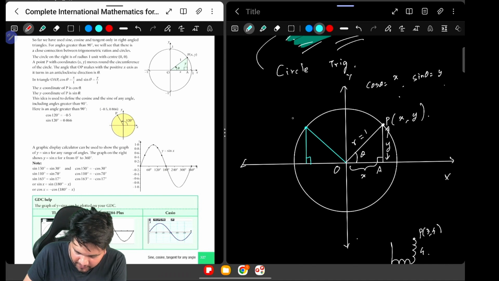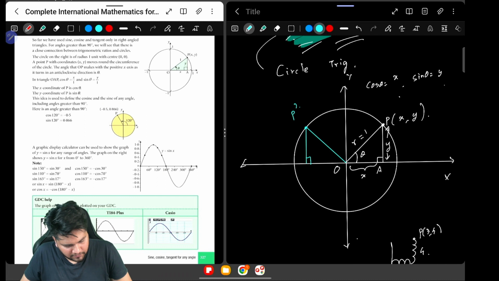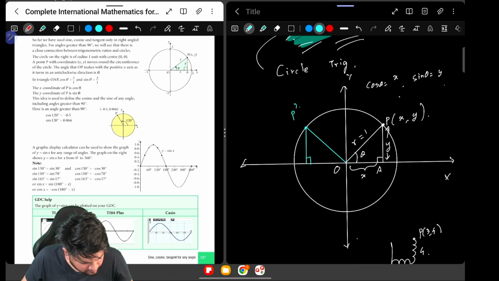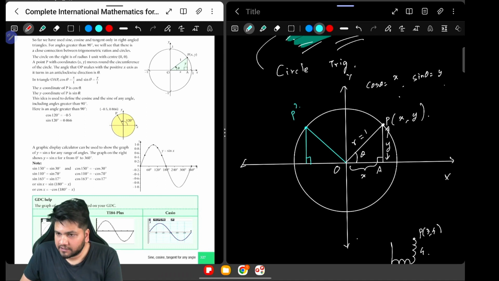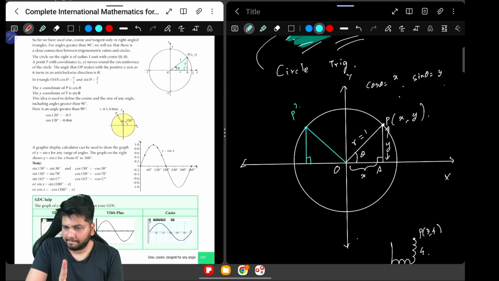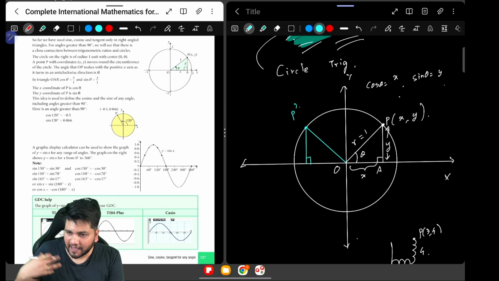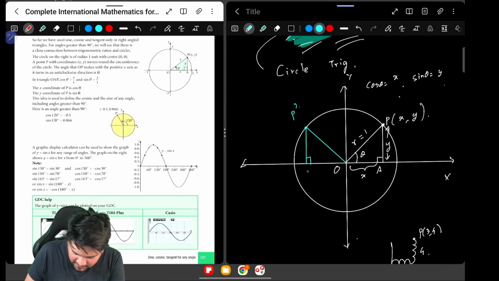Where this point I'll take as P dash. Let me consider this P dash. Now, the thing is, I made a triangle in such a way, and this is nothing but A dash. I made sure that the angle is theta.